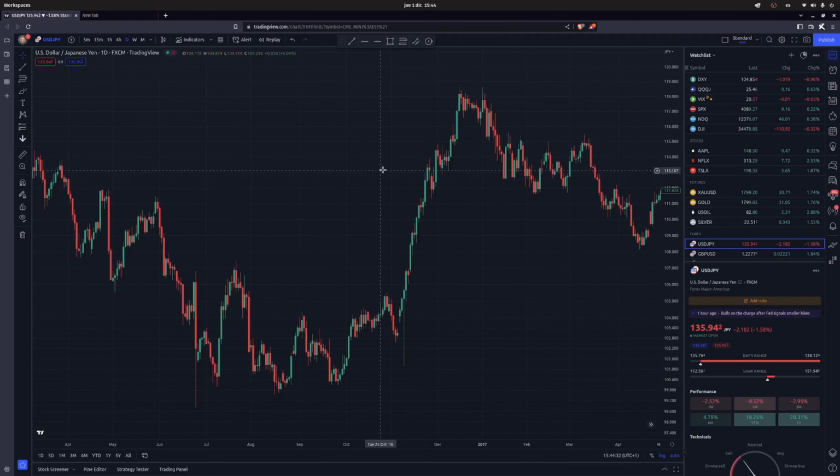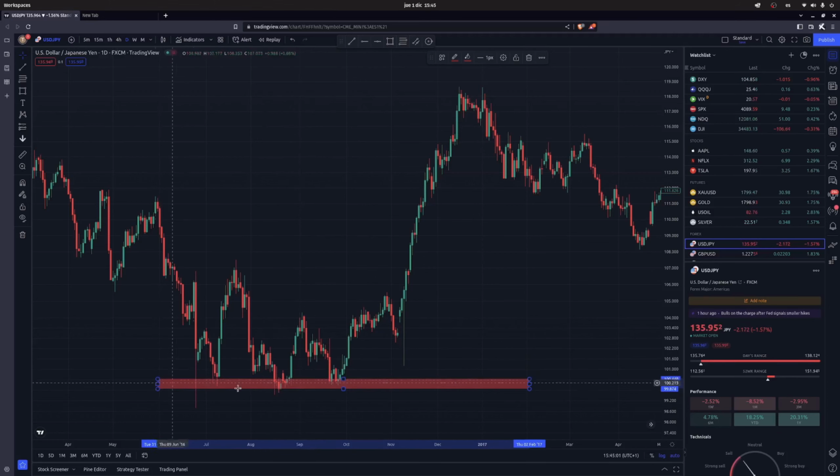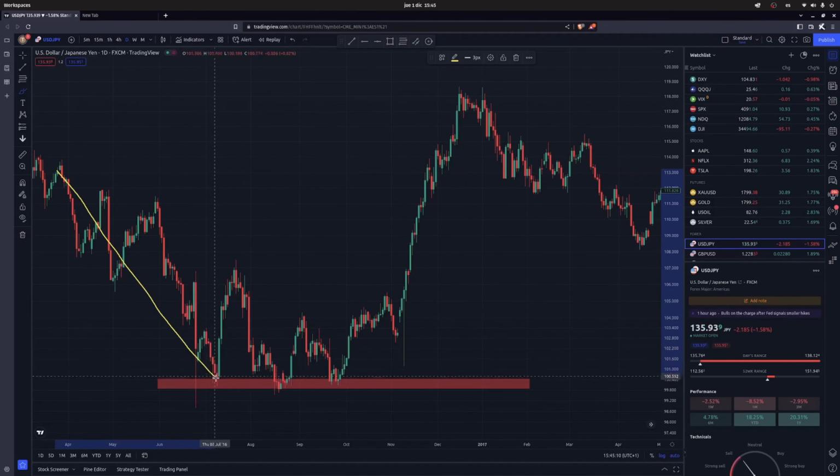So now we are again at the USD yen pair, and I think this looks very much like a triple bottom. Let's have a look. Let's take the rectangle tool, and I think that looks like the bottom. So we do have here, if we take the brush, we are coming from a downtrend. Have a rejection here, coming back up, coming down, another rejection here, coming back up, another rejection here at the bottom.